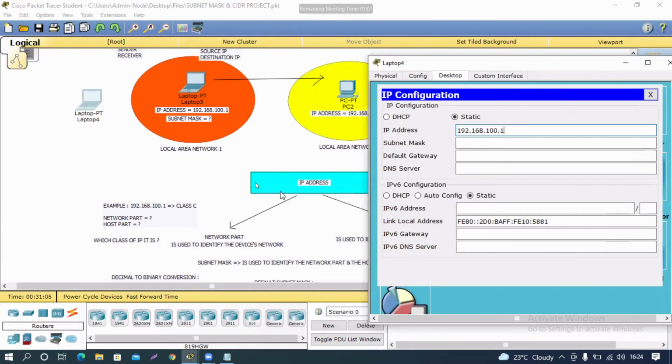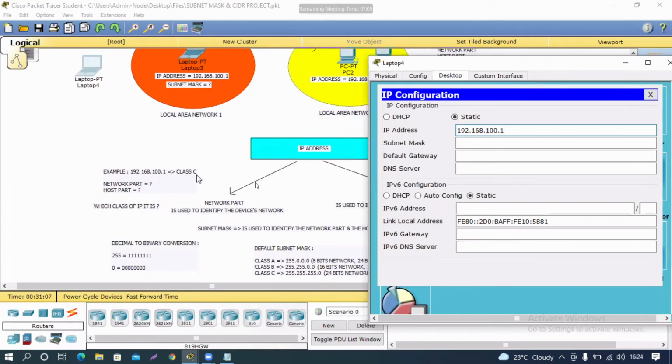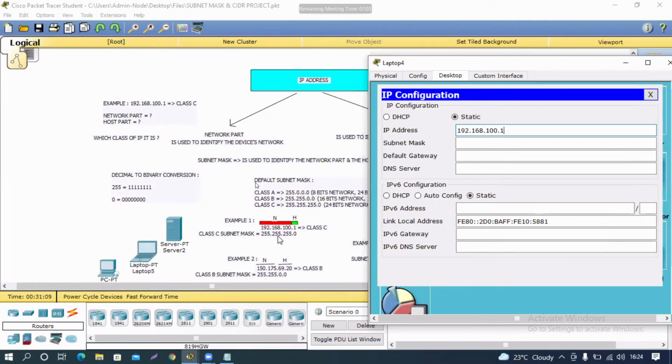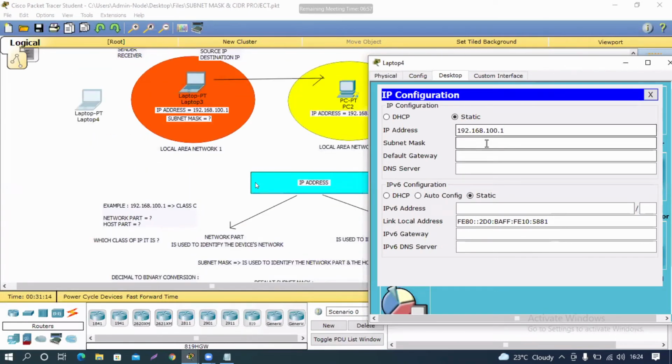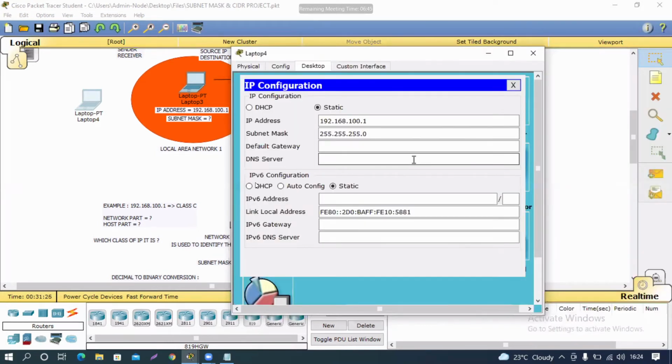It's a class C IP, so the class C subnet mask, 255.255.255.0, comes. If I click anywhere over here, the subnet mask automatically comes.